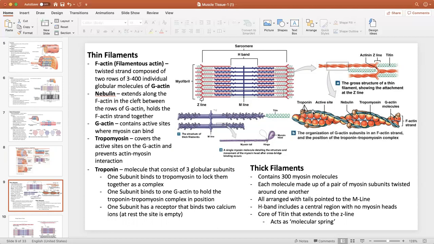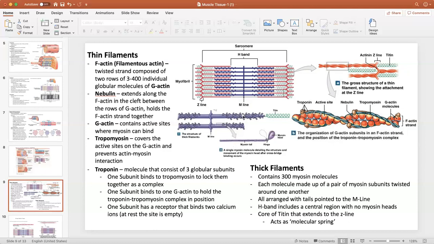So we have one subunit for the tropomyosin, one subunit for the G-actin, and one subunit for the calcium. And we'll see that calcium, when that attaches, it causes the active site to be revealed. It moves this tropomyosin off the active site so the myosin head can attach.